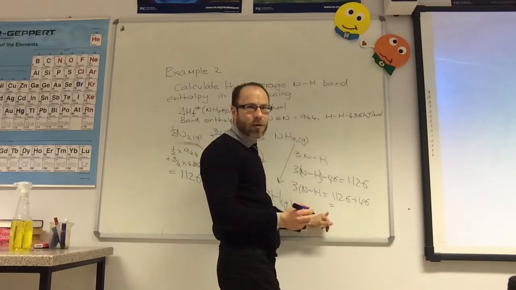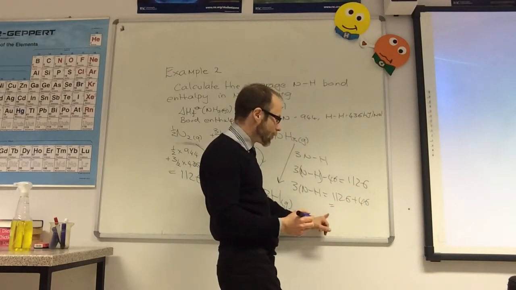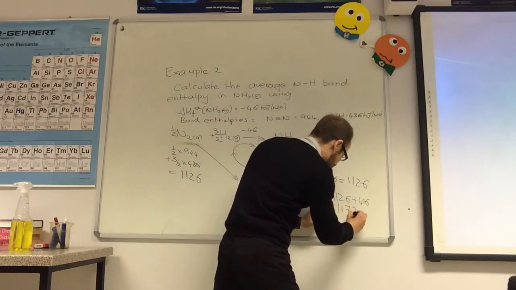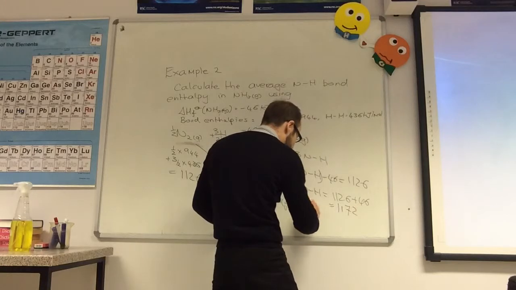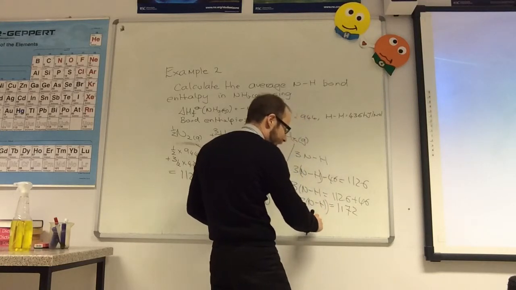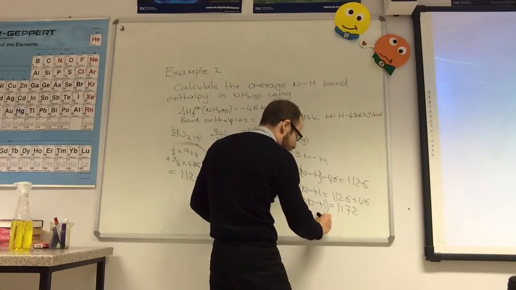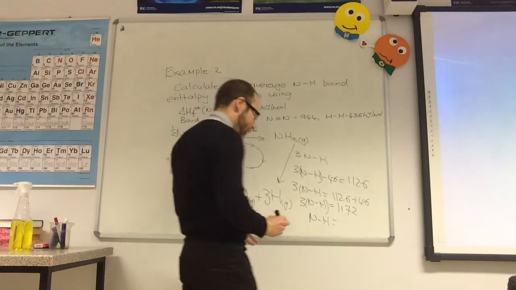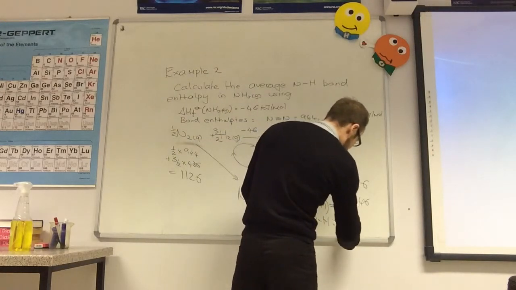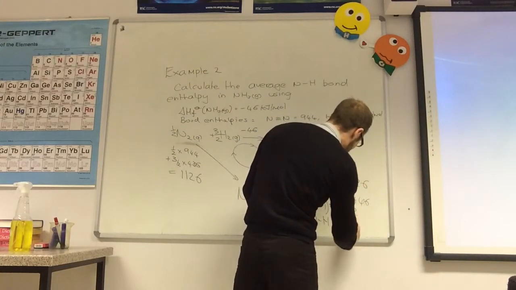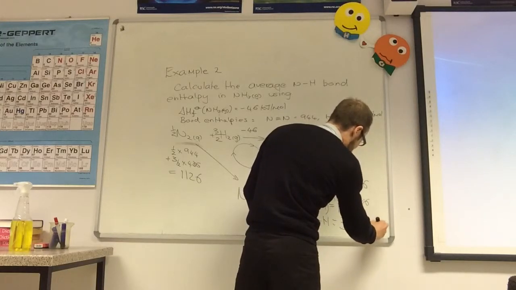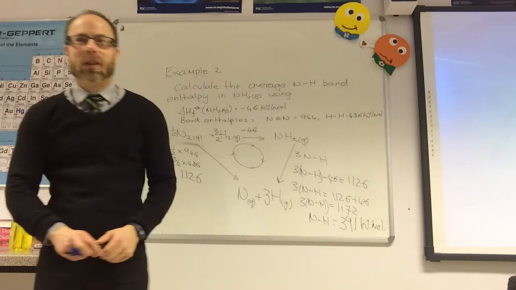What does that equal? 1126 plus 46? 1172. Okay, remember that is 3 NH bonds. So each NH, I have to divide that by 3. So that equals, what is an NH bond? Okay, so 391 kilojoules per mole.